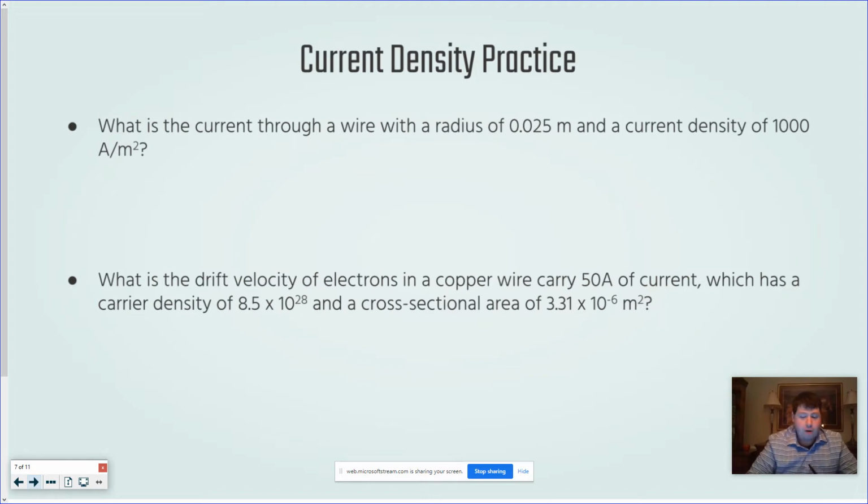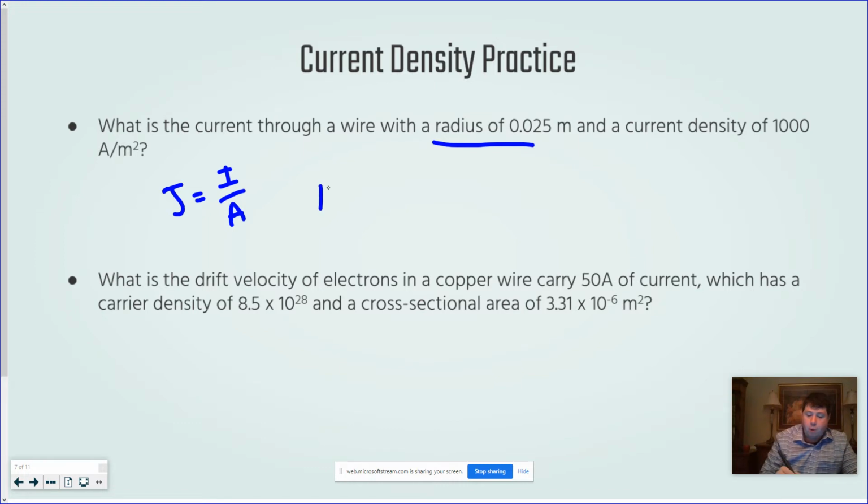It says, what is the current through a wire with a radius of 0.025 meters and a current density of 1,000 amps per meter squared? Well, I know my current density, J, is equal to the current divided by the cross-sectional area. The only tricky thing with this problem is that they've given me the radius of my wire. Wires, we're going to assume, have a circular cross-sectional area.